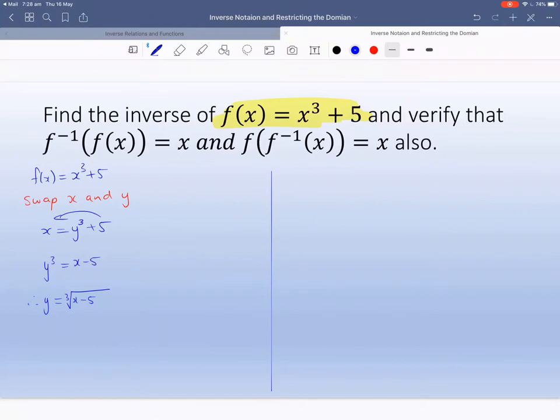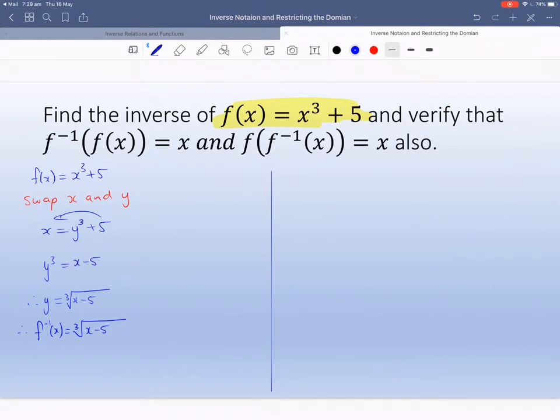Now let's use the inverse function notation. Therefore, the inverse function of x equals the cube root of x minus 5. Now we've properly found its inverse, and that's beautiful work right there. So we can keep going now.